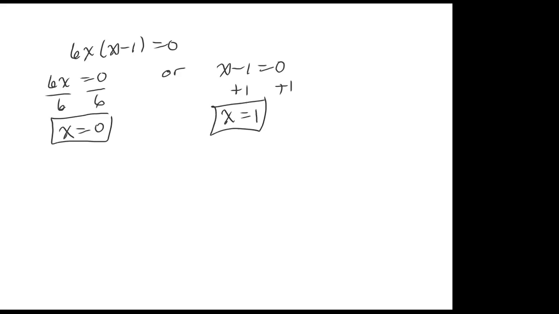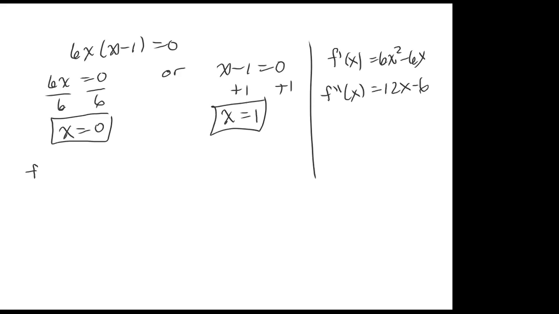So I have two critical points, two possible locations of relative max and min. I should go ahead and note the derivatives over here. F prime of x is equal to 6x squared minus 6x. F prime prime of x is equal to 12x minus 6. What about places where the first derivative does not exist?